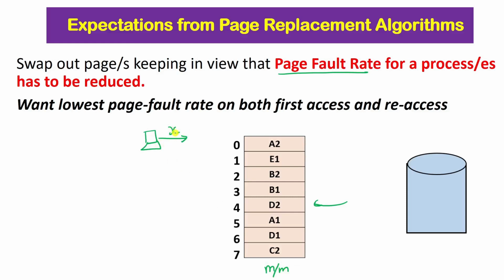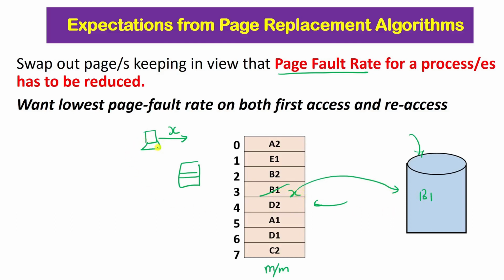Let's say the CPU asks for page number X and it is not inside main memory, as told by the page table. So X should be brought here, but the page replacement algorithm will first look for a free frame. There is no free frame, so let's say B1 is selected as the victim page, it is brought here and X is kept here.